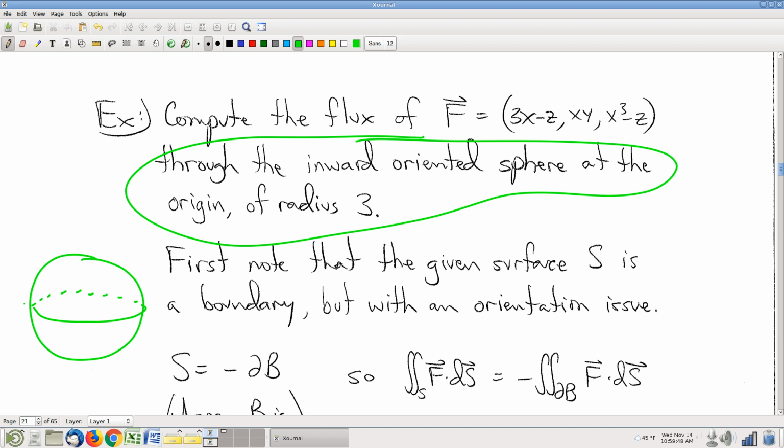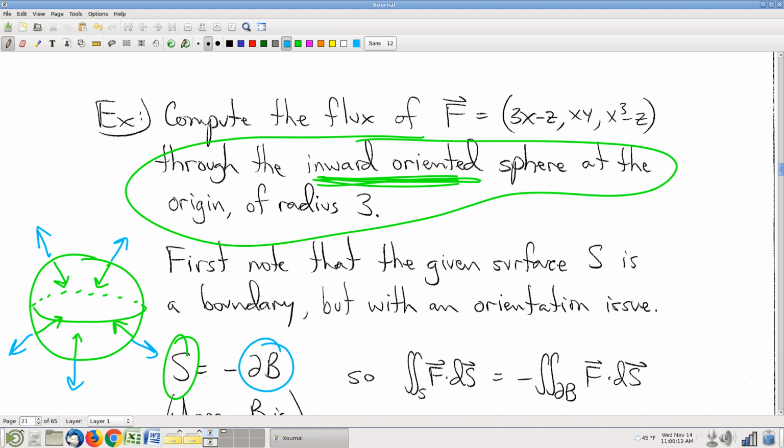The problem is our surface is inward oriented. So our given surface is not technically the boundary of that ball. The boundary of the ball is outward oriented. Well, no problem. The boundary of the ball is just the opposite orientation of the surface we're actually interested in.